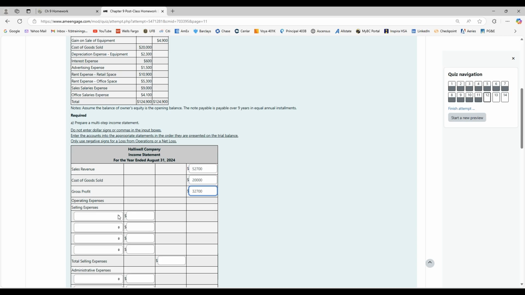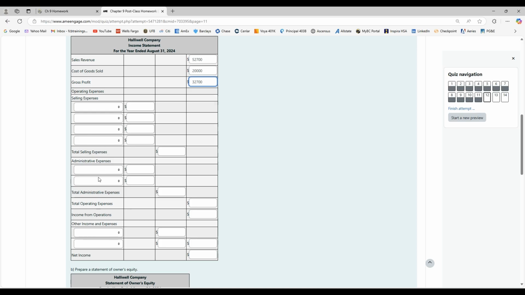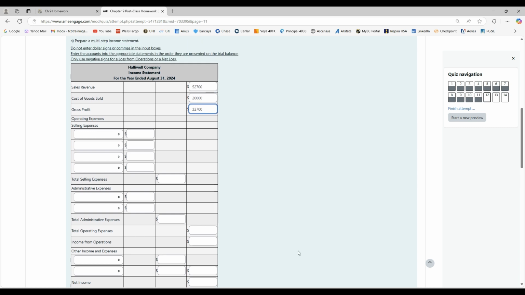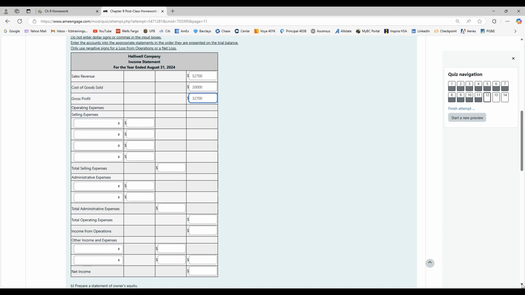And then we've got, we're going to break this out into different categories. So selling, administrative, operating expenses, other incomes and expenses, etc. And that's kind of the whole thing about the multi-step income statement.